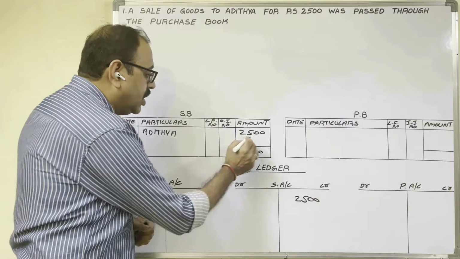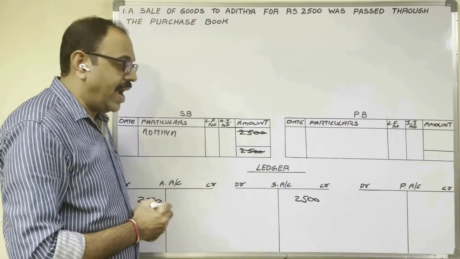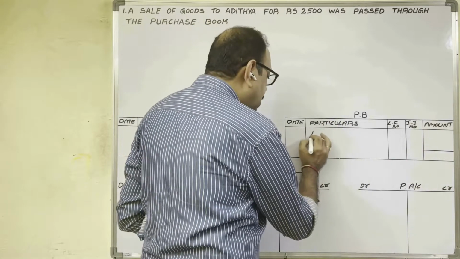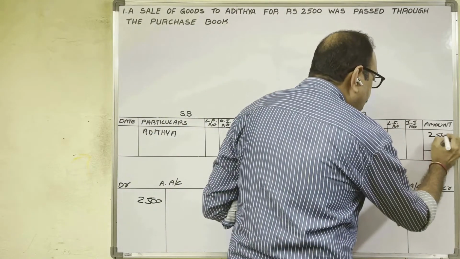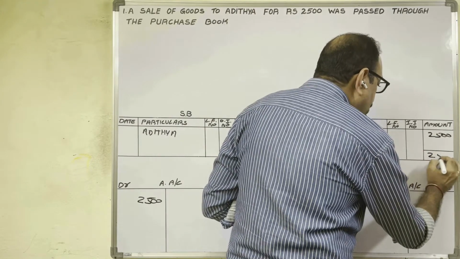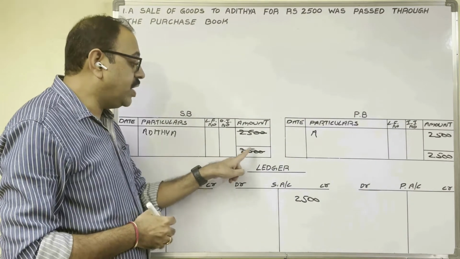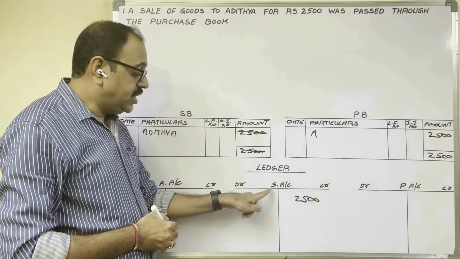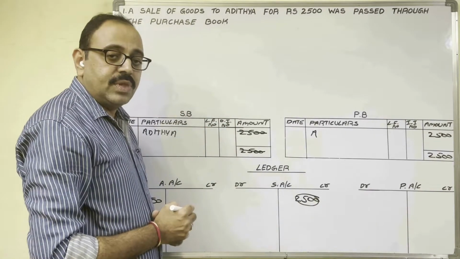So nothing was recorded in sales book, and in purchase book they recorded this transaction, Aditya 2500 rupees. Total 2500. As nothing is recorded in sales book, in sales account nothing was credited.